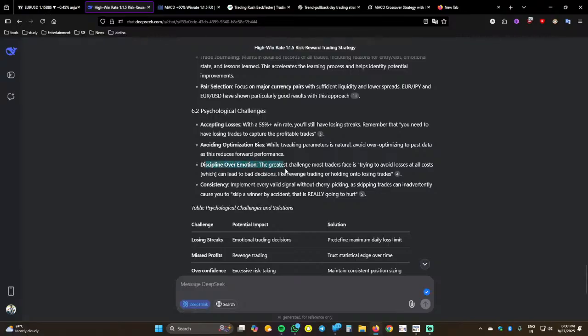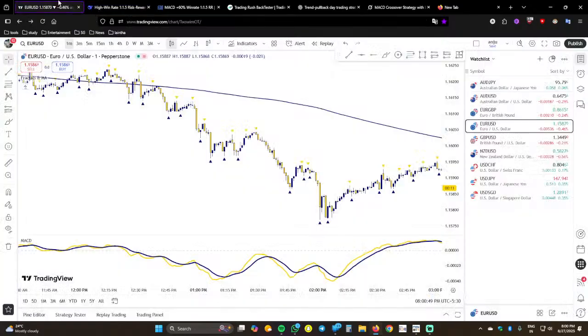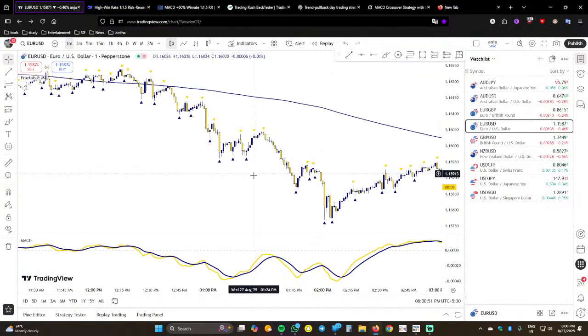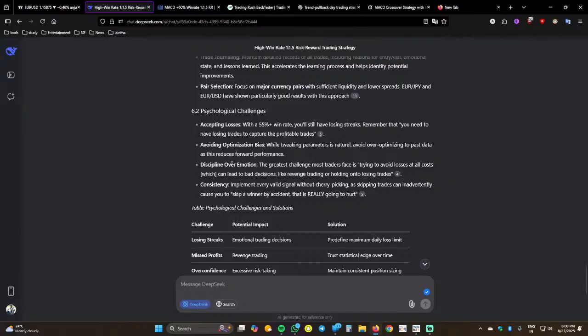Next, discipline over emotion. The greatest challenge most traders face is trying to avoid losses at all costs, which can lead to bad decisions like revenge trading or holding on to losing trades. This is one of the most important factors. Discipline. We'll just follow the rules. We have to have that belief that the trade which you have taken is valid.